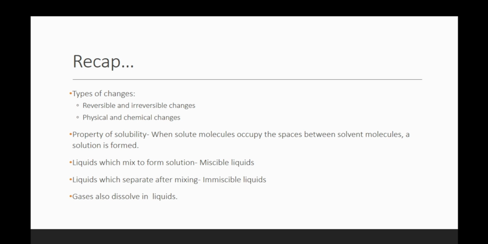This is how a solution is formed. So water loving liquids mix with water to form a solution, and these are called miscible liquids. Liquids which are water hating separate when we try to mix them with water, and they are called immiscible liquids. Gases also dissolve in liquids.